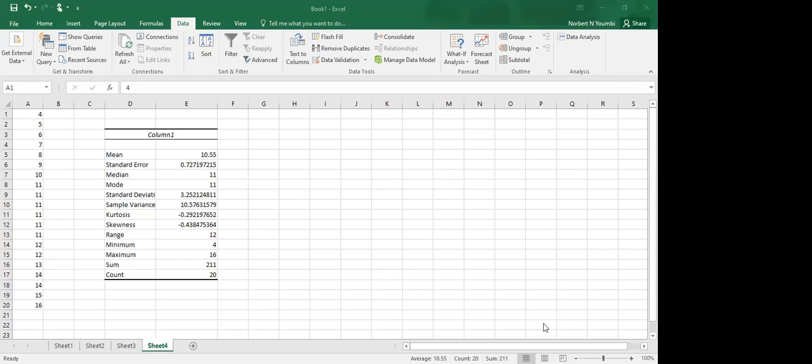I say 3, that's an example. Let's say 5, equals A4 plus 5. I added 5. I'll add 5 to each of the numbers in this data set.